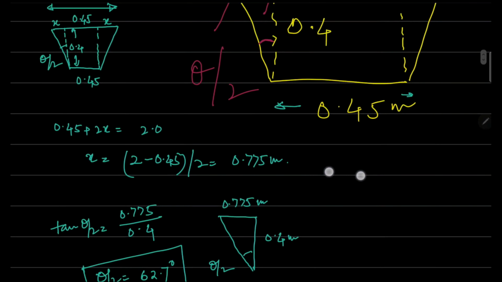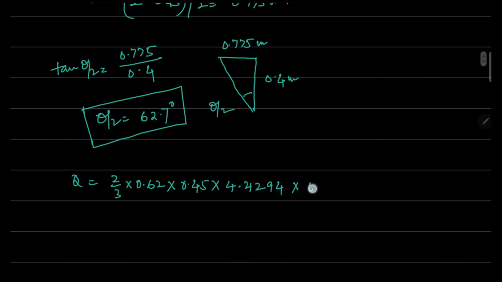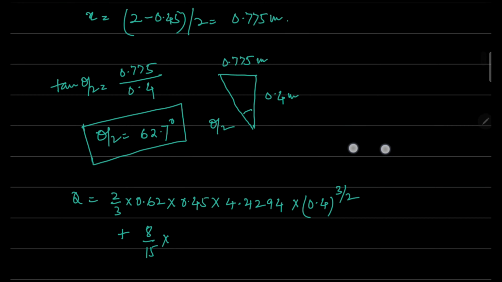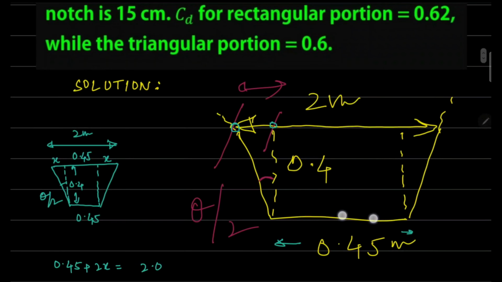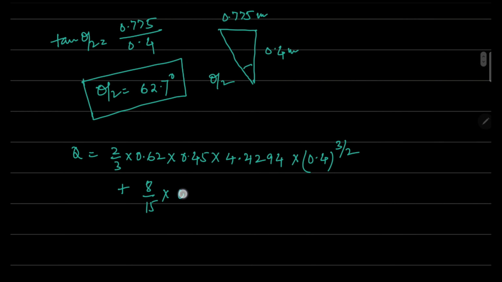So your h is 0.4 meter. So 0.4 raised to the power 3 by 2 plus 8 by 15 multiplied by CD. CD of the triangular portion is 0.6, multiplied by tan theta by 2.